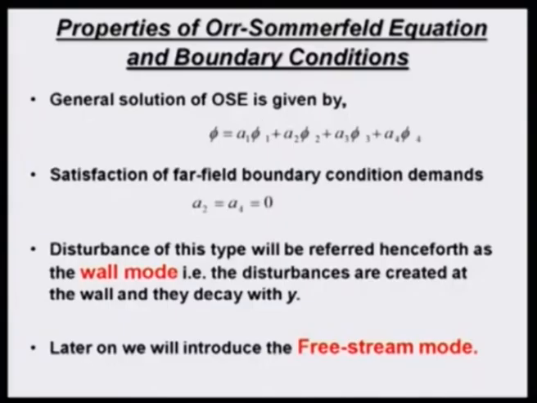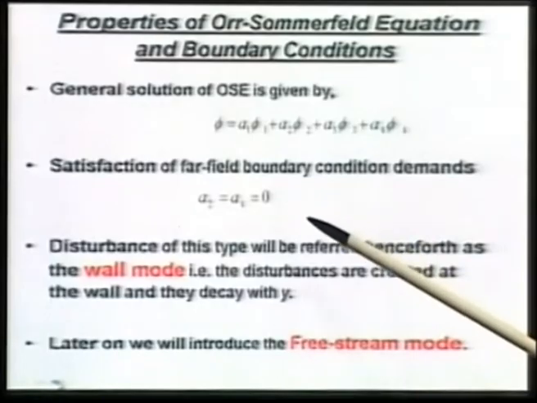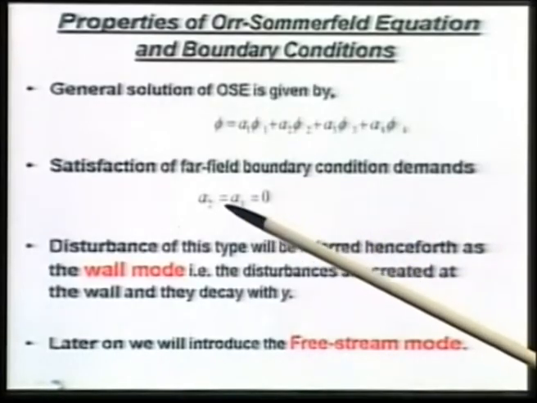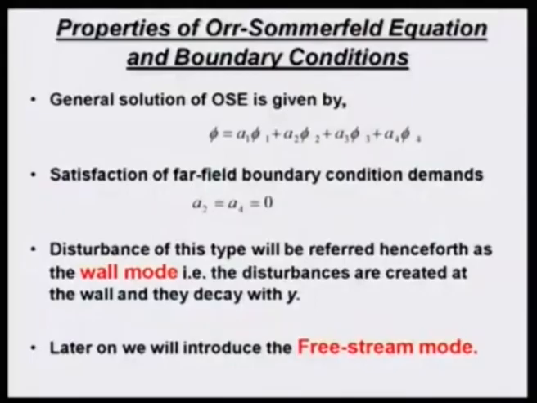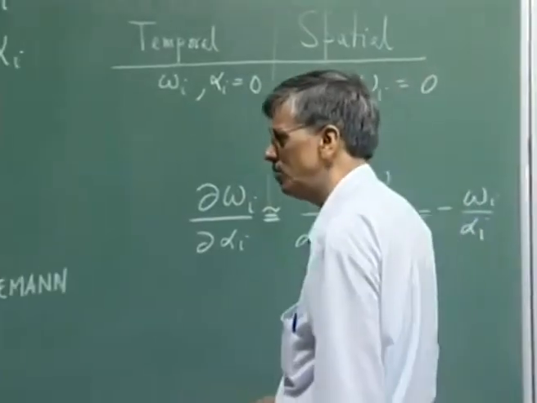Okay. That is what we are talking about here, that if we want to satisfy the far field boundary condition, and if we consider the real part of alpha and q to be positive, then we must have this. So, that fixes those two constants A2 and A4 have to disappear. This is one of the things.